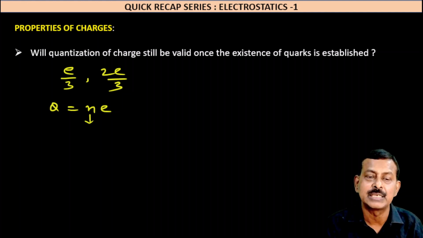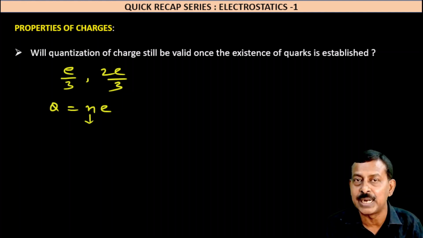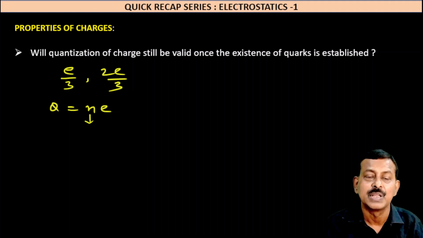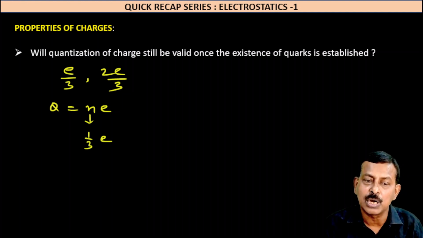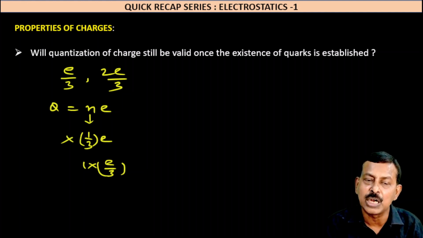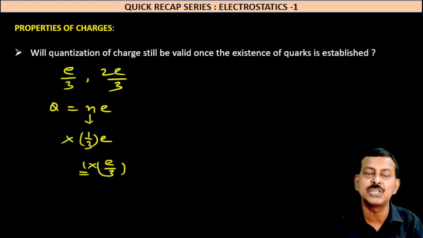Suppose you have a particle which is carrying the charge same as that of the quark. In that case, it will be 1/3 of E. So it is not 1/3 of E that will be taken, rather it will be taken as 1 into E by 3. That means the N value will not be 1/3, so N will still be an integer.